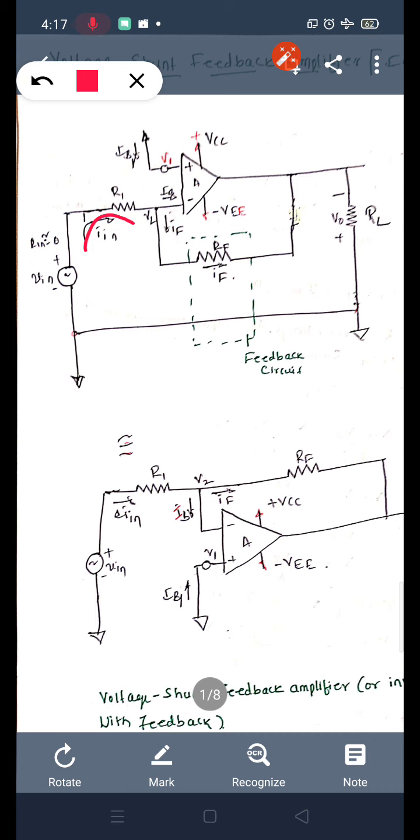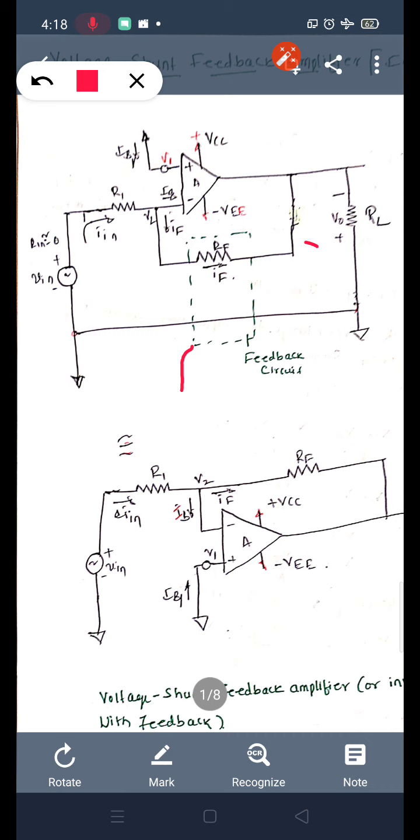Since our input resistance Ri is very large, the input bias current Ib is negligibly small.